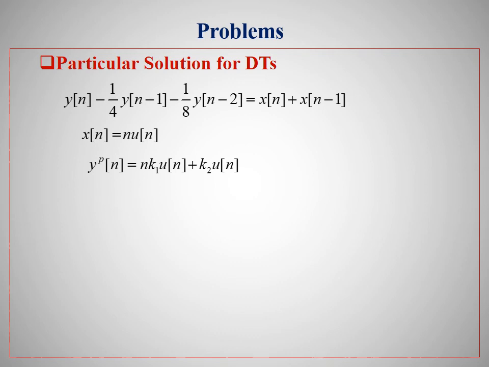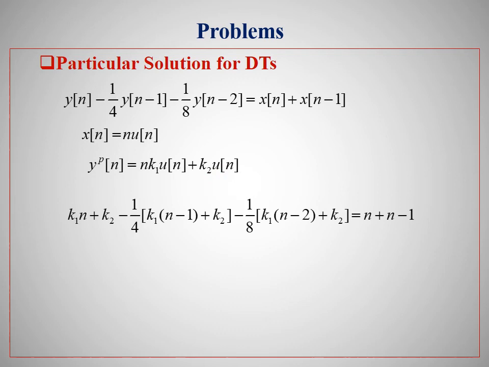The solution for the particular solution case is given by yp of n, as from the table, n into k1 u of n plus k2 u of n when the input is n into u of n.